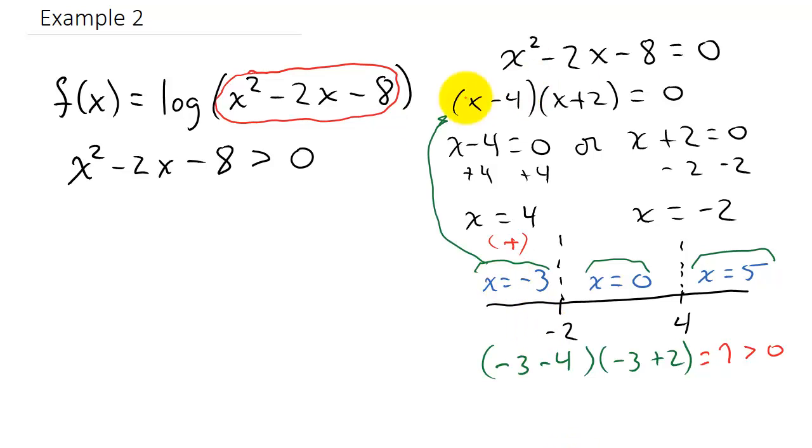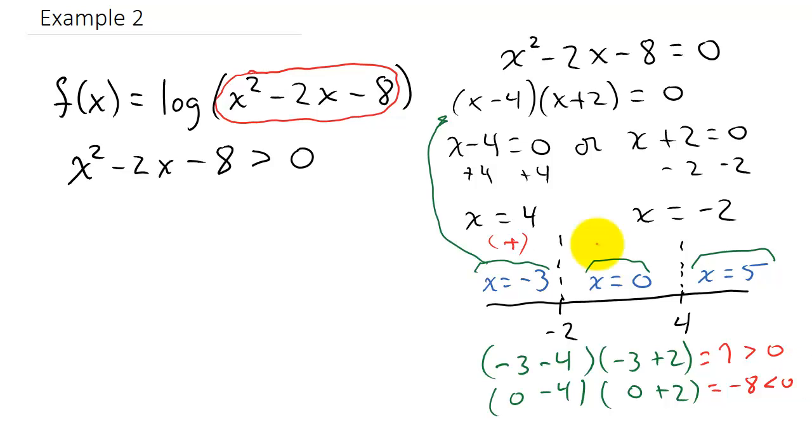Now I plug the 0 in, so I get 0 minus 4 times 0 plus 2, and that's going to give me negative 4 times 2, which is negative 8. I'm sorry, negative 8, which is less than 0.